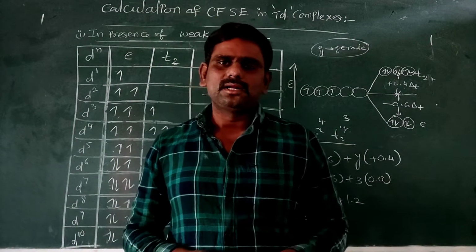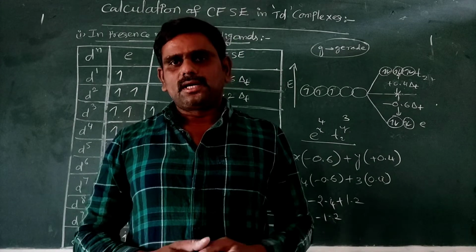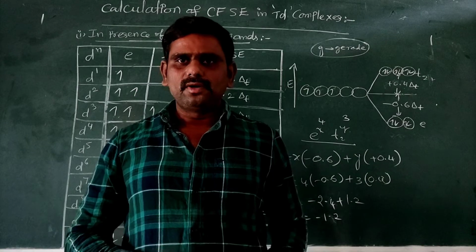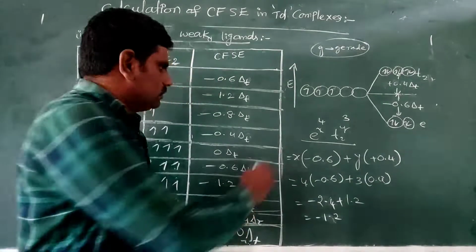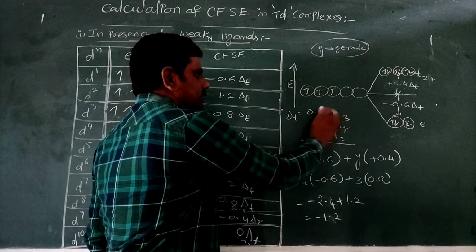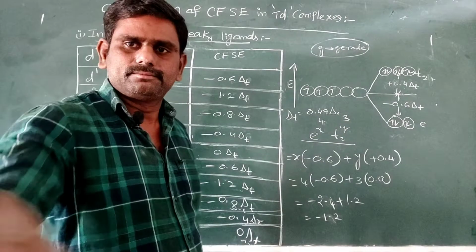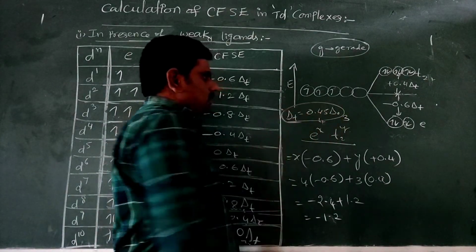But in tetrahedral complexes, there are no known low spin tetrahedral complexes. It is due to the fact that the splitting is very low when compared to octahedral splitting. Delta T is equal to 0.44 delta O, about 0.45 delta O. Why?